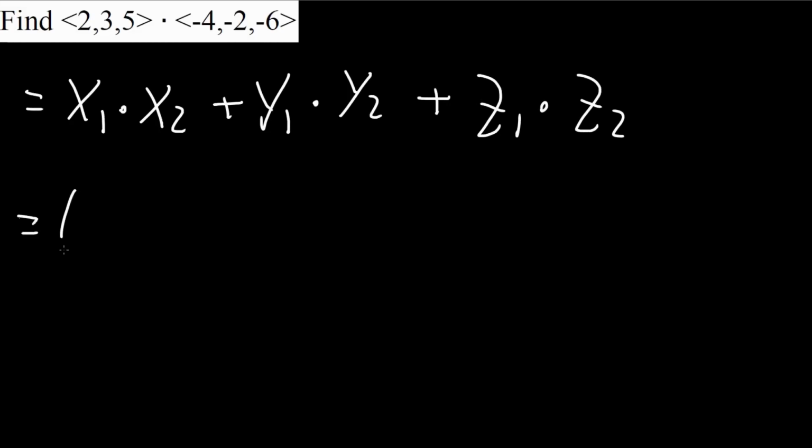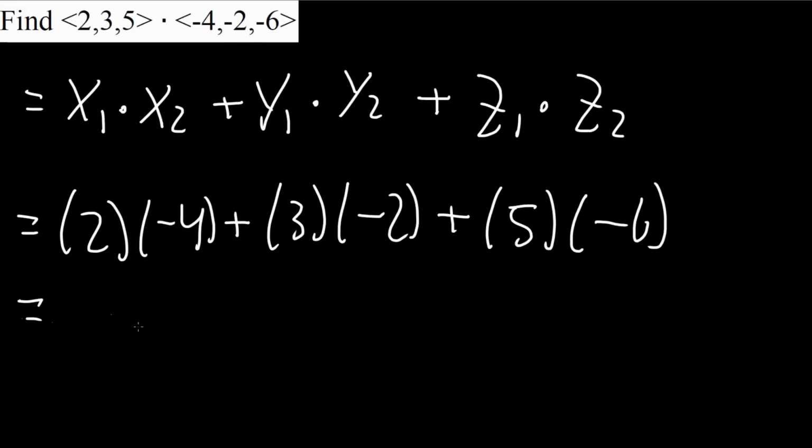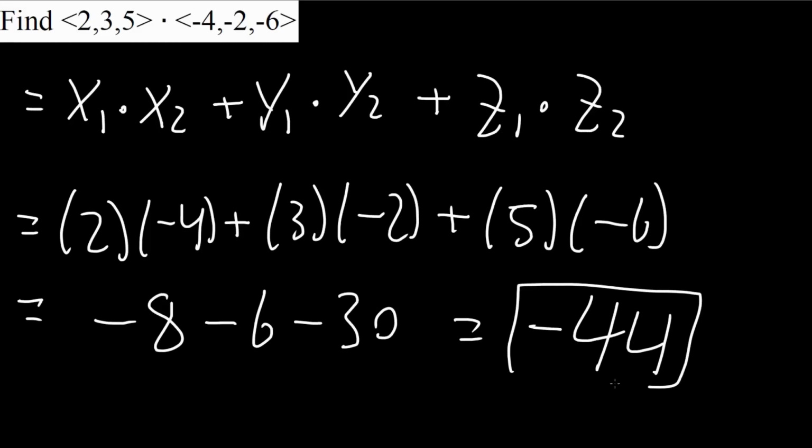And so this would equal, so x1 is 2, x2 is negative 4, plus y1 is 3, y2 is negative 2, plus z1 is 5, and z2 is negative 6, is equal to negative 8. 3 times negative 2 is negative 6. 5 times negative 6 is negative 30. And so this would equal negative 44. Because negative 8 minus 6 is negative 14. And negative 14 minus 30 is negative 44.